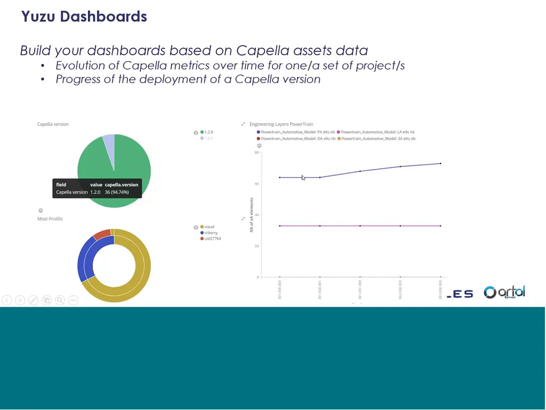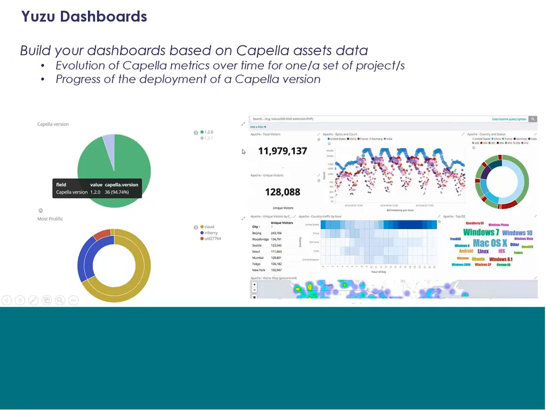For example, this is the number of elements in the physical architecture for one project in the different versions or whatsoever, and you could reuse this dashboard in web pages. So that's another example of a very nice dashboard.